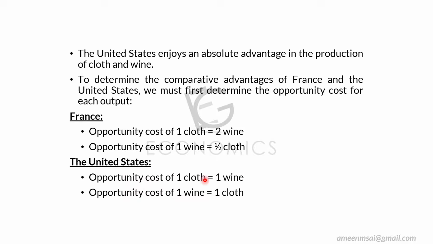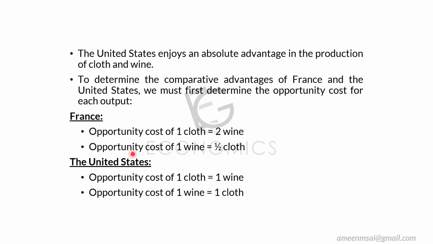USA has the less opportunity cost, in the sense that if USA is producing cloth, the opportunity cost is only one wine. But when France produces cloth, the opportunity cost is 2 wine. So United States has the lesser opportunity cost when it comes to the production of cloth.